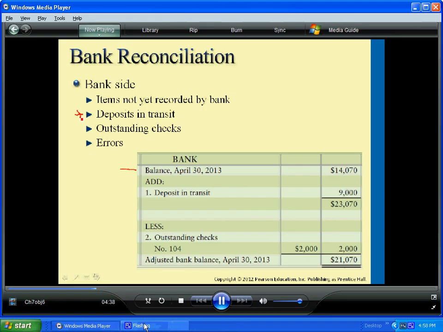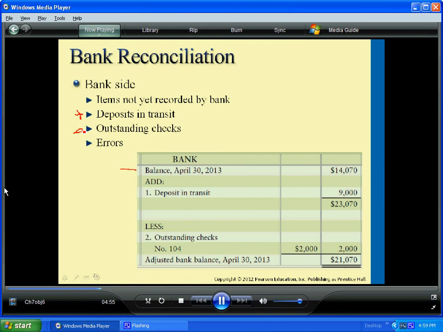The next item, outstanding checks, would be checks that we've sent out but haven't yet been presented to the bank. So that's what this item is here, outstanding checks.